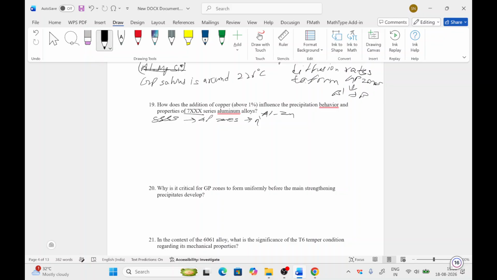This is the MgZn2 precipitate. And after that, the equilibrium phase eta forms of this same MgZn2.